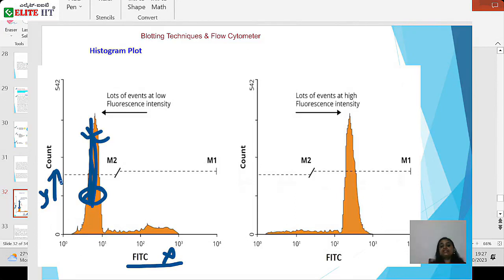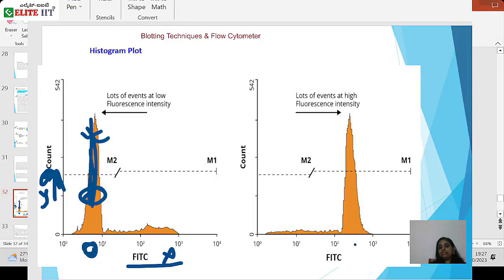In that case, size of the cell is low, smaller size, and smaller sized particles number higher. Okay, so y value is high. That means number of cells you can consider more, but size of that particle is less.